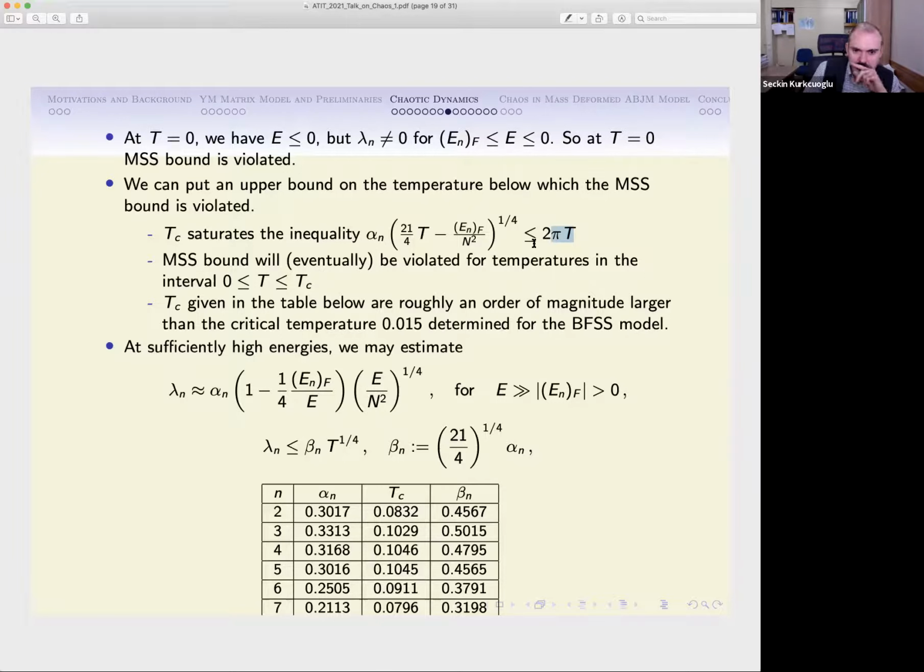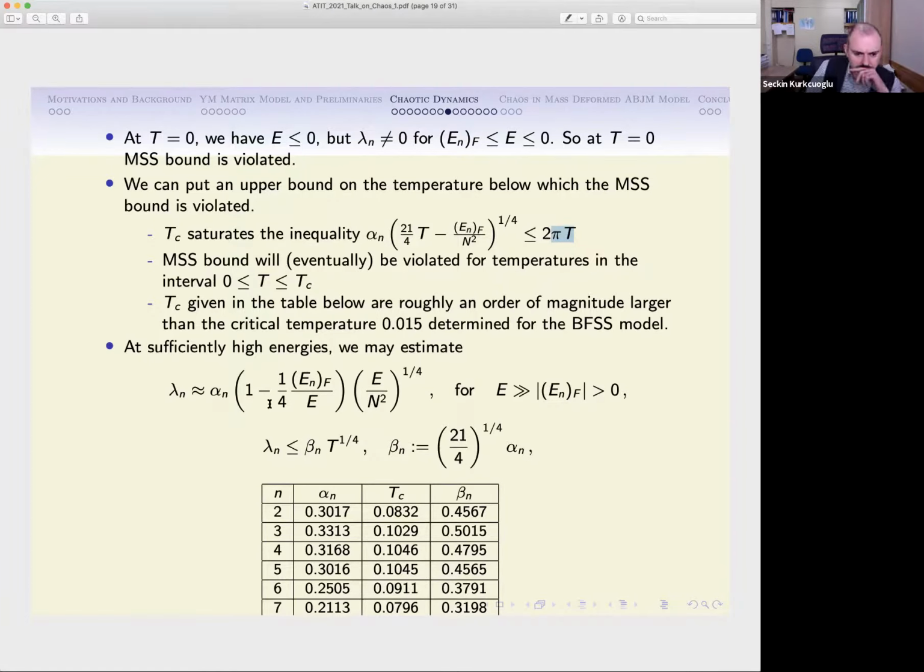If you look at the equality, you can solve for the critical temperature. That critical temperature is an upper bound on the temperatures above which the MSS bound is safe, but below which it will eventually be violated.